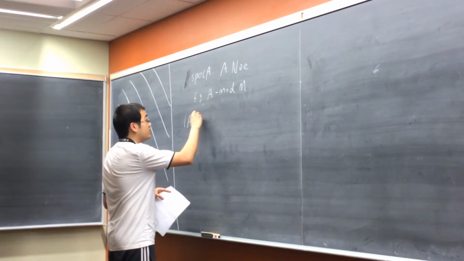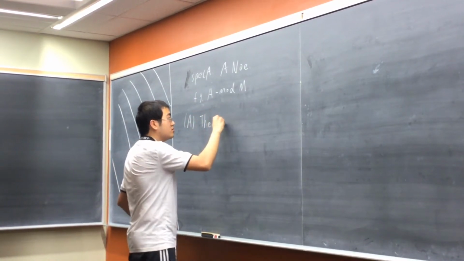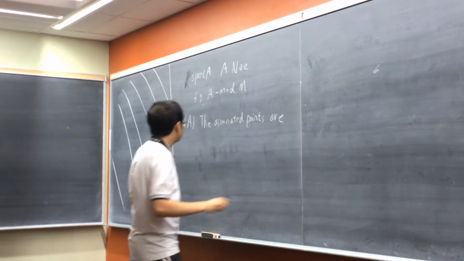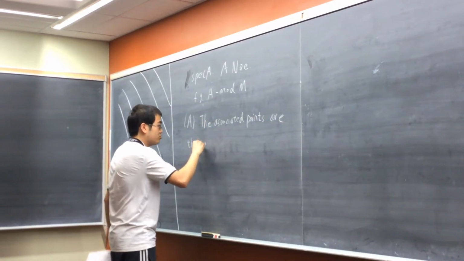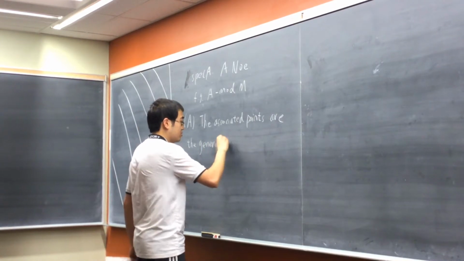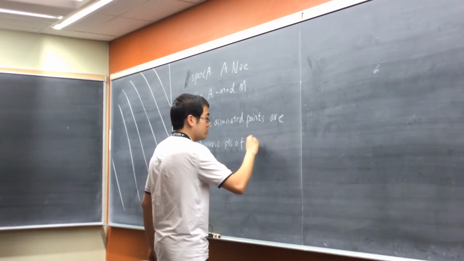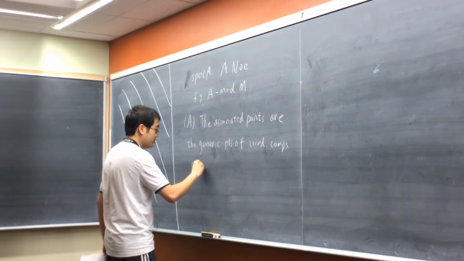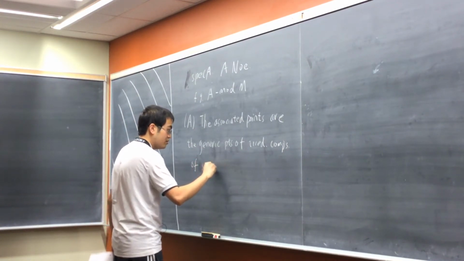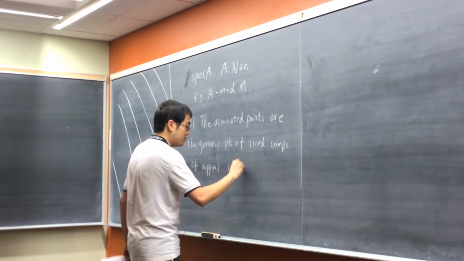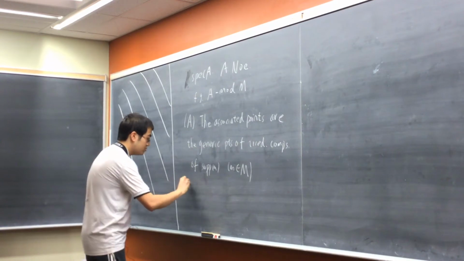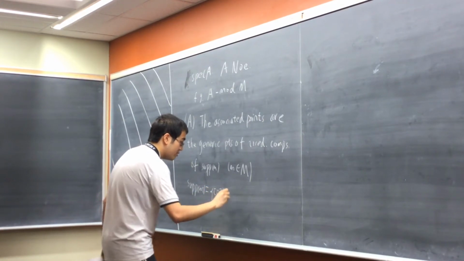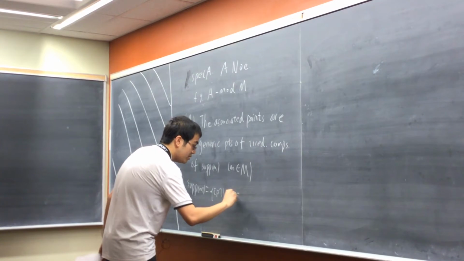So the definition: the associated points are the generic points of irreducible components of the support of m, for m in M. The support of m is the set of primes P such that m_P is not equal to 0.